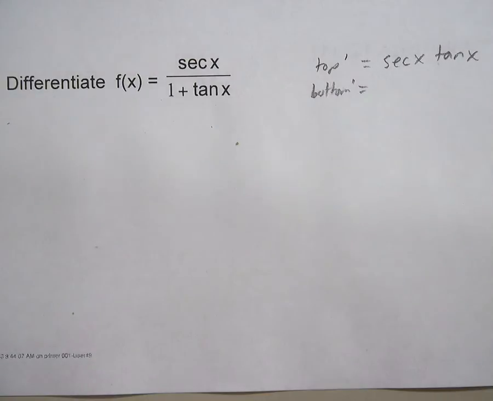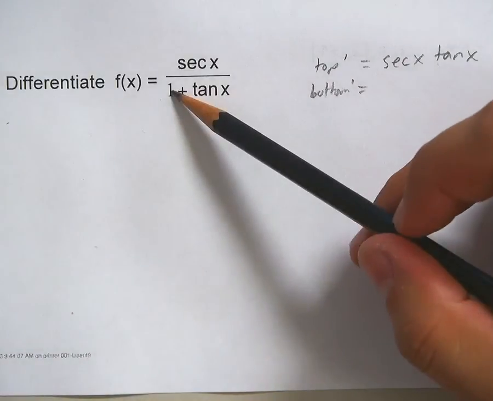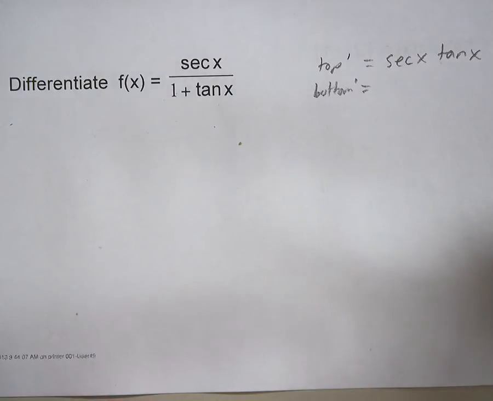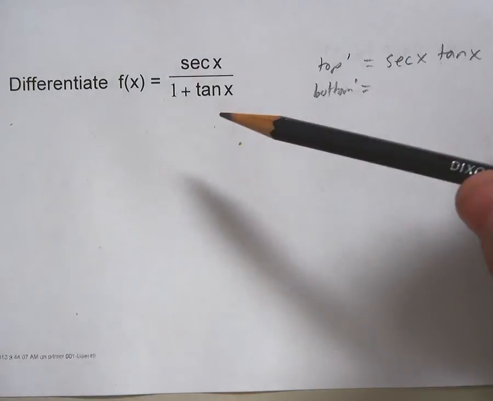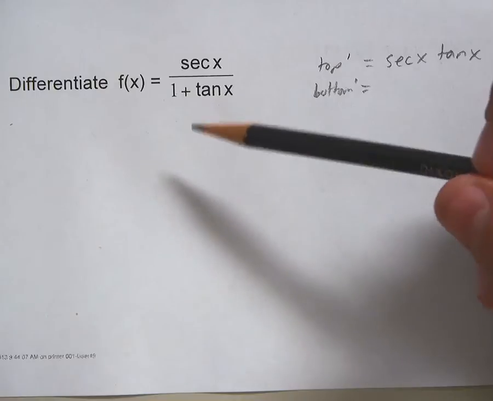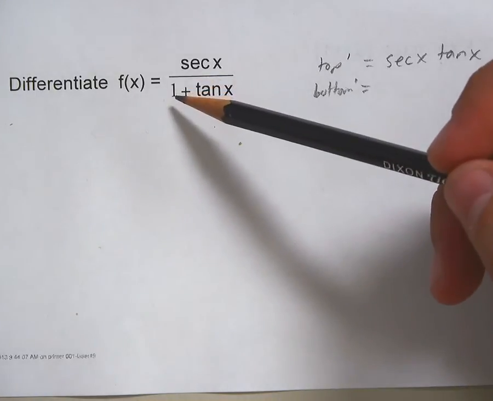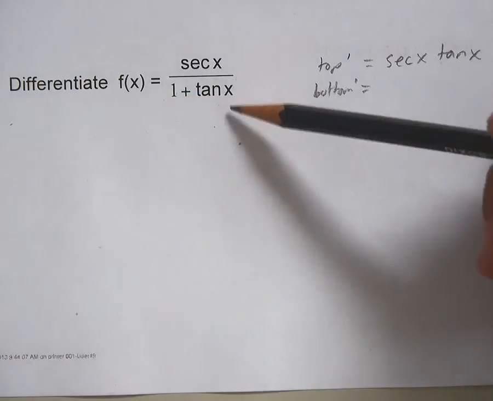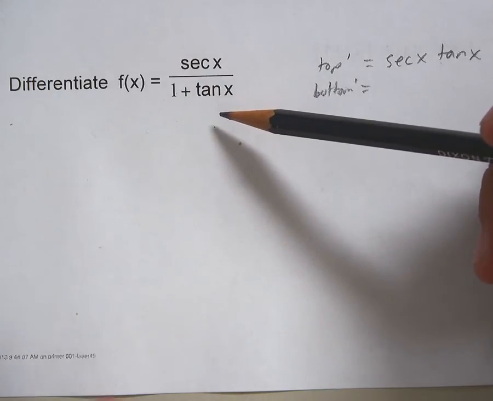The derivative of the bottom, well, the derivative of 1 is nothing, so that'll go away. Derivative of tangent x, look back up at the top, the derivative of tangent x is secant squared x.